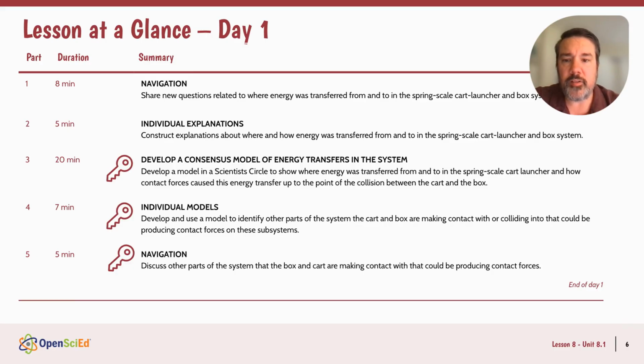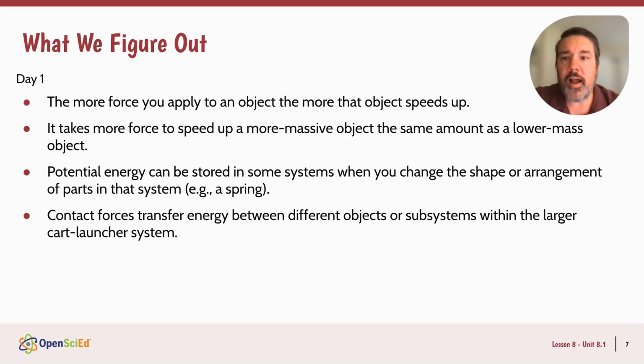Those last three steps, we're going to really dig into and talk about those key moments in the lesson. We figure out that the more force you apply to an object, the more that object speeds up. If you have something really heavy, you need to apply a lot more force to get it to go the same speed as something that is less heavy. Potential energy is something that can be stored in some systems, and that can happen when you change the shape or arrangement of objects.